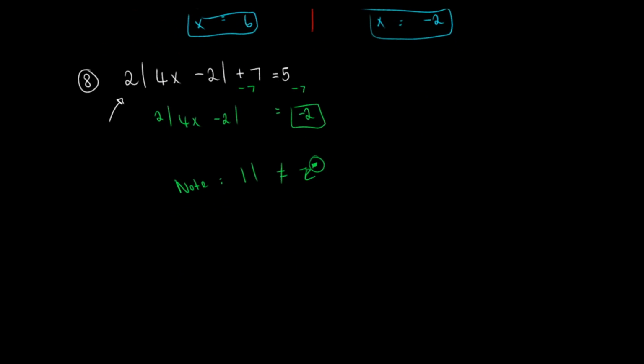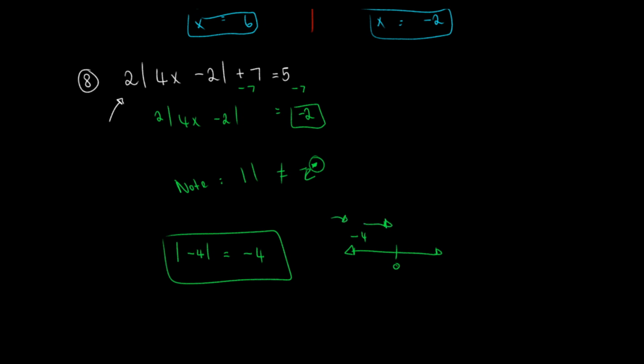Let's look at that in theory. If I told you the absolute value of negative 4 is negative 4, why does this not make sense? Because of the distance between some points. Let's say we have negative 4, and I add a distance of negative 4. Instead of moving towards 0, I'm going to move towards negative 8.